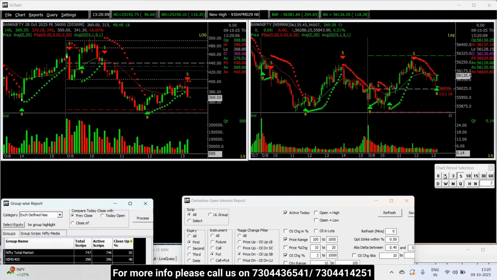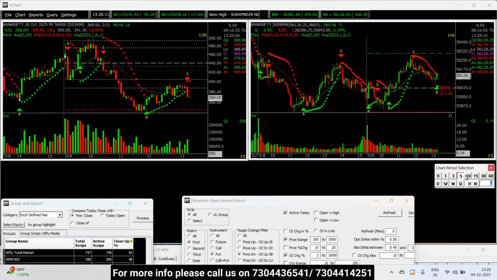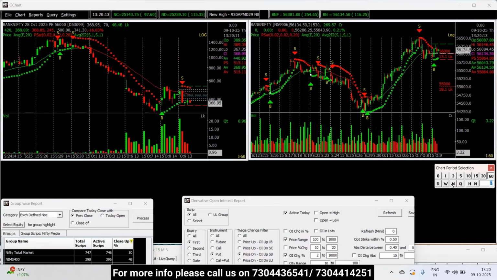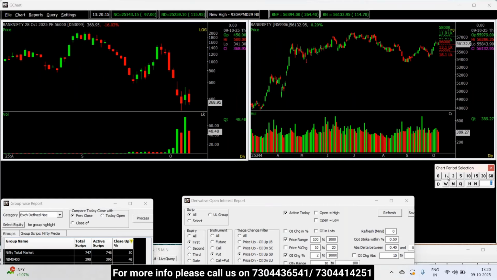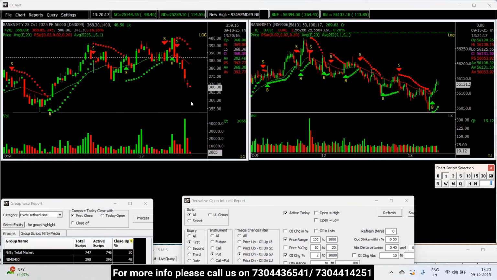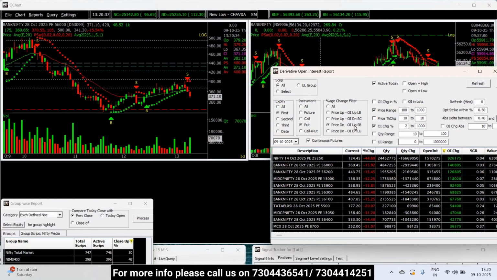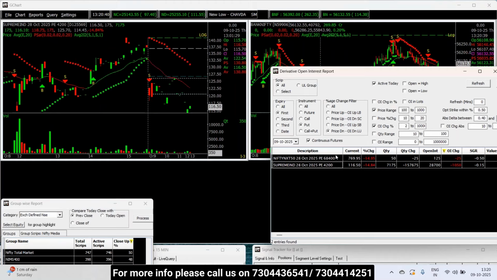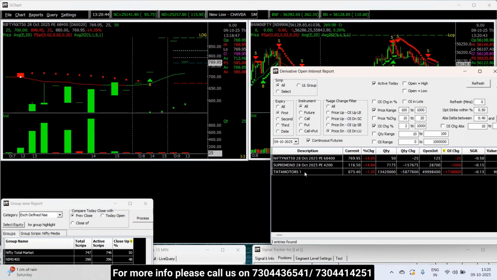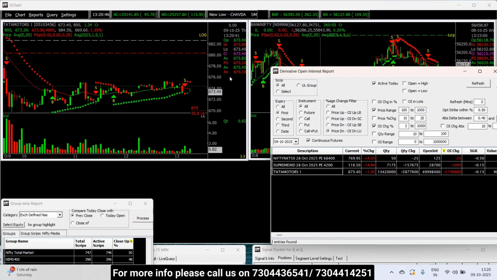We can change the time frames easily also, like 1 minute to 5 minutes to 10 minutes to 15 minutes, or 1 hour or daily. Or if you want to change the time frame for two different charts, we can change the time frame also.